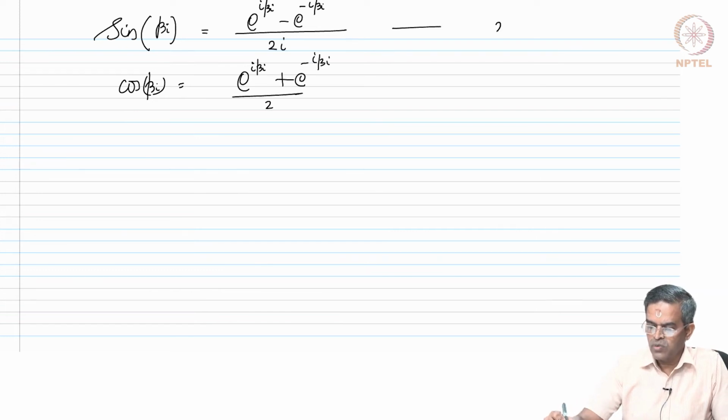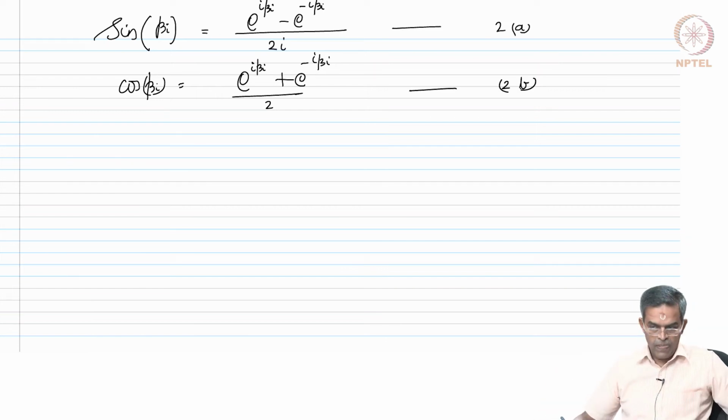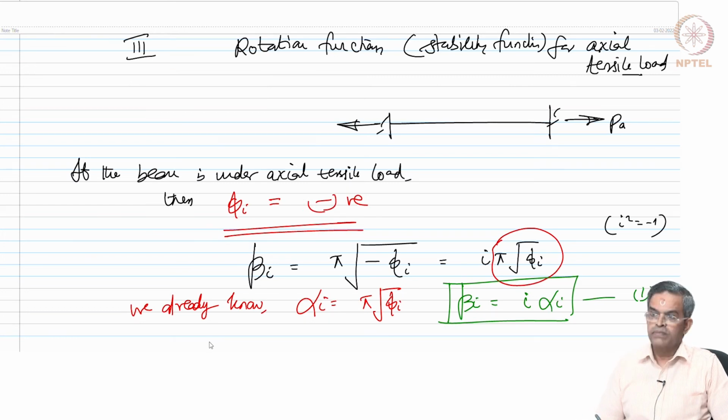We call these equation numbers 2a and 2b. Let us substitute 2a and 2b with equation 1.